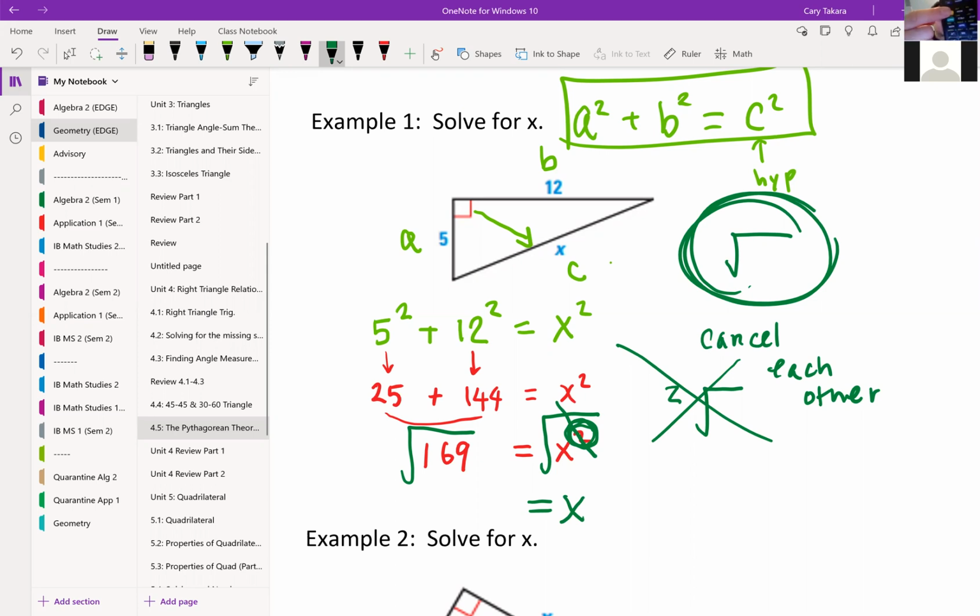So I do second, square, and I get a square root showing up. And then 169. Square root of 169 is 13. Nice job, Brandon. So x equals 13.